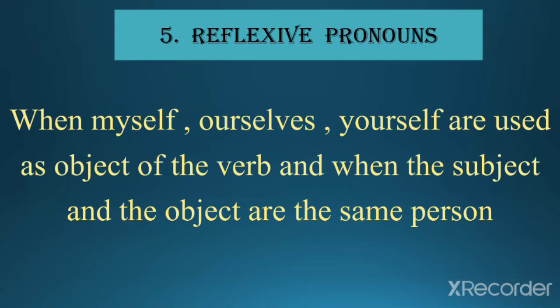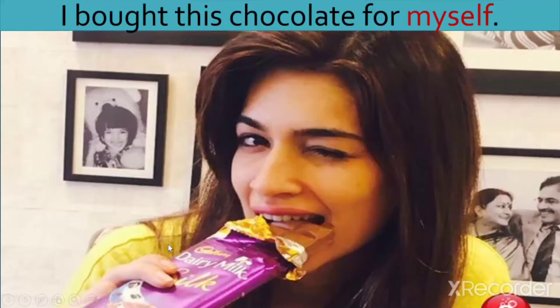When the subject of the sentence and the object of the verb are the same person or thing, they are said to be reflexive pronouns. Example, I bought this chocolate for myself. So here I is the subject and myself refers to the same person, and therefore it is a reflexive pronoun.